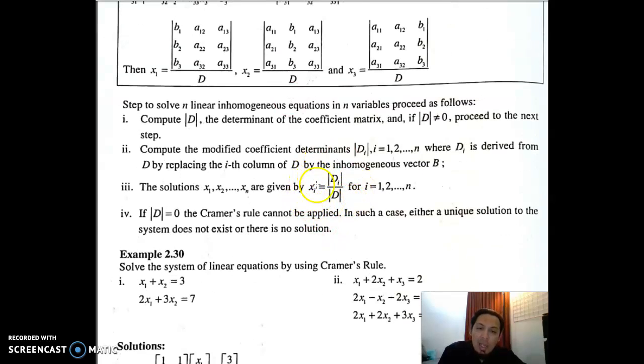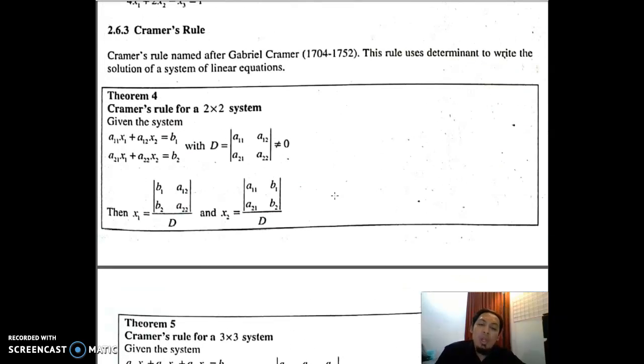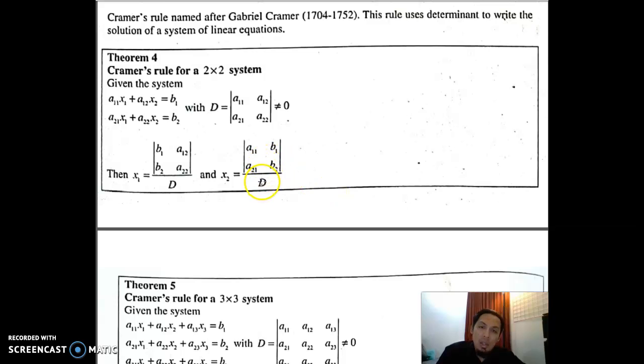To find any x, we are going to divide between two determinants. So the determinant in the denominator here is actually the determinant that we have learned before, right? We have learned how to calculate a determinant, right? So that is D here in the denominator.